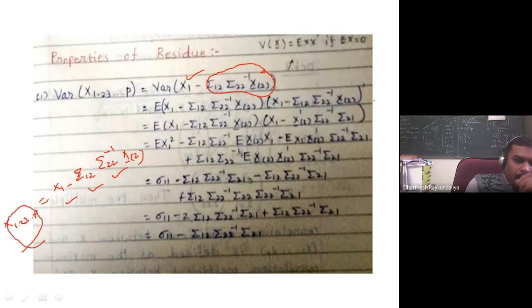So if I wish to find out the variance, how to find out the variance? तो हम जानते हैं आगे निकाला था, variance of x is equal to expectation of x minus expectation of x into x minus expectation x transpose. So we use the same formula.